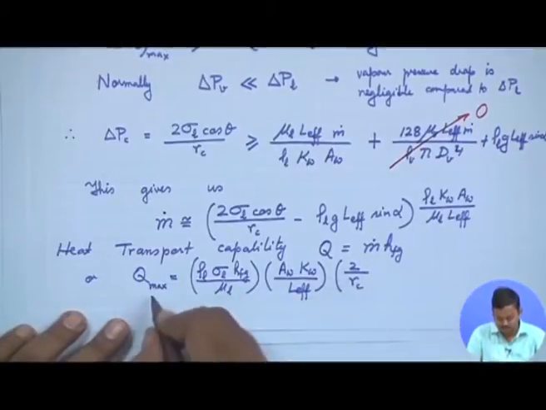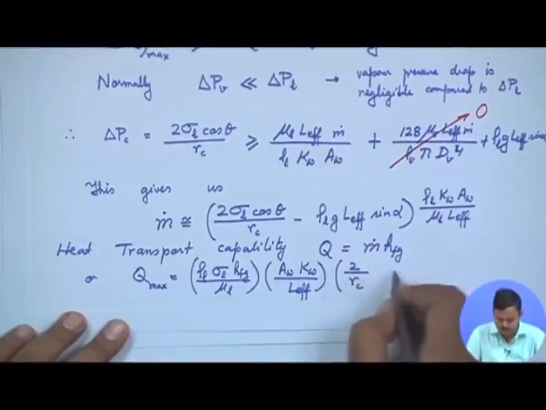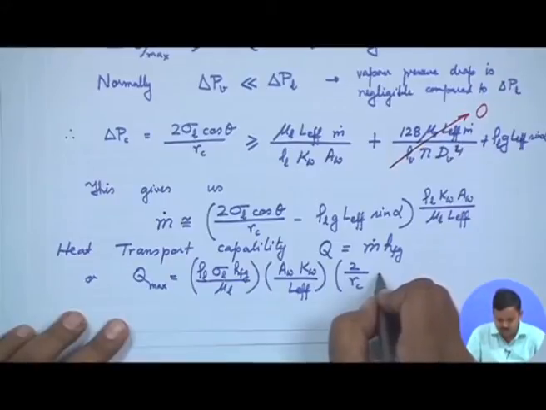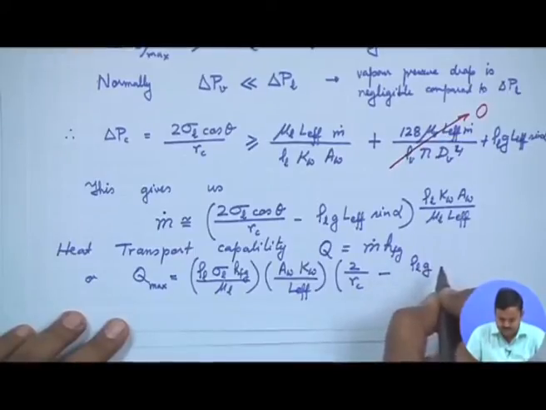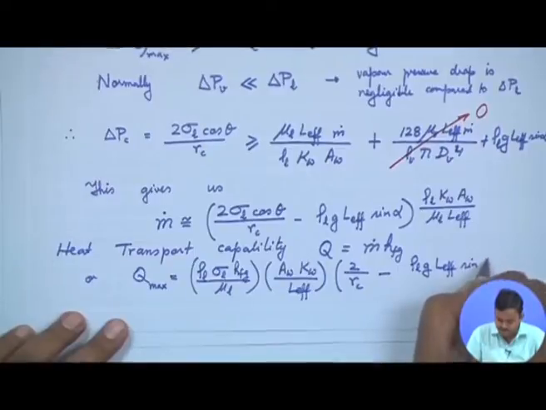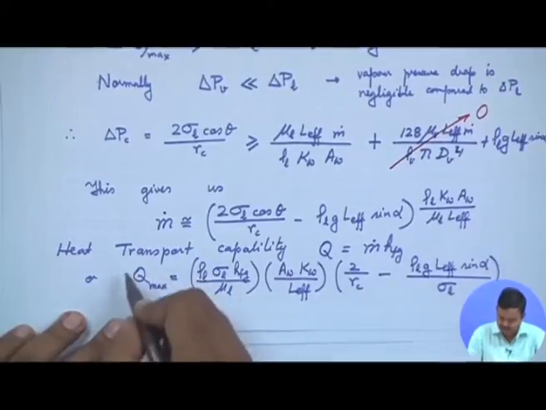Why? Because I am talking about max, and maximum happens when cos theta equals to 1 and theta equals to 0. So, 2 over RC minus rho L G L effective sin alpha over sigma L. Okay.